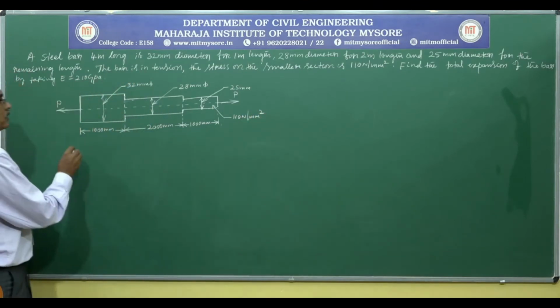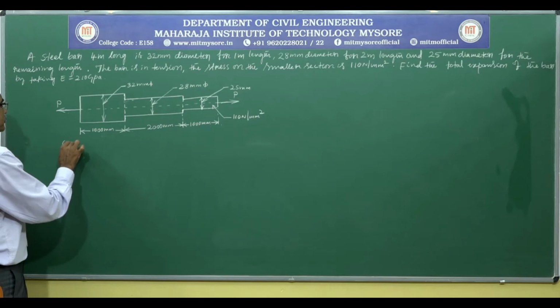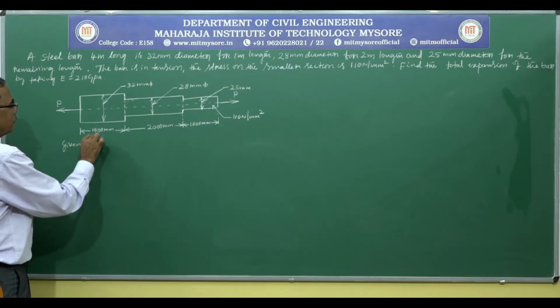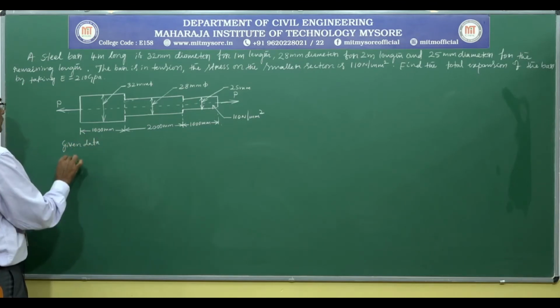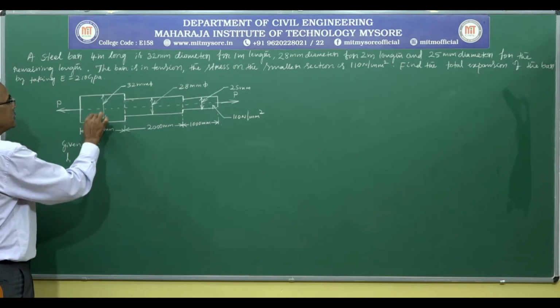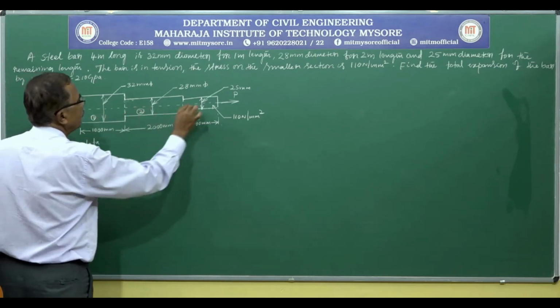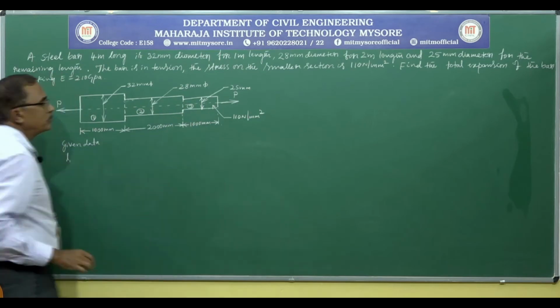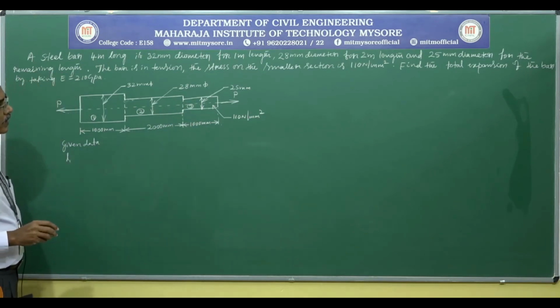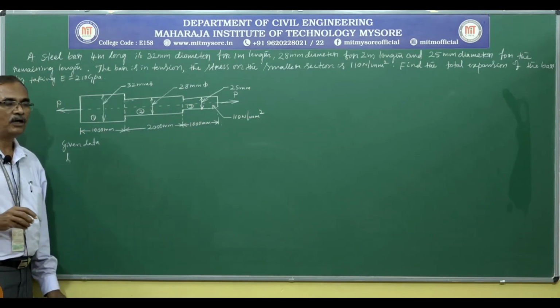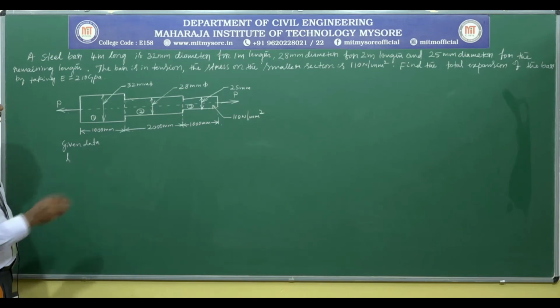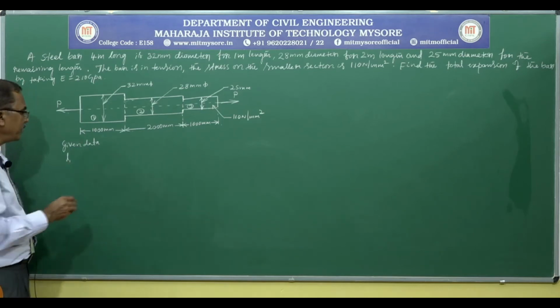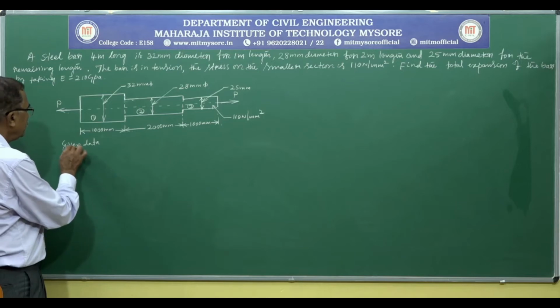Let us quickly write the given data. If you consider this as number 1, 2, 3, here it is a bar of varying cross section subjected to an axial load. No need of drawing free body diagram. Directly we can write the given data.